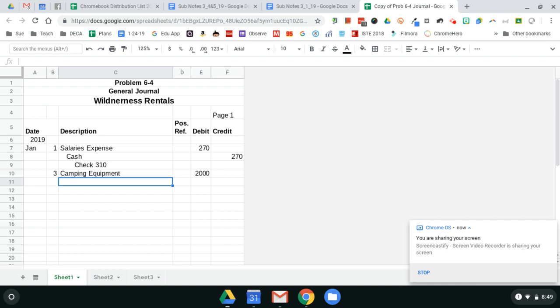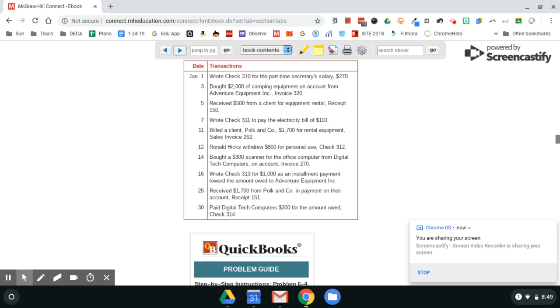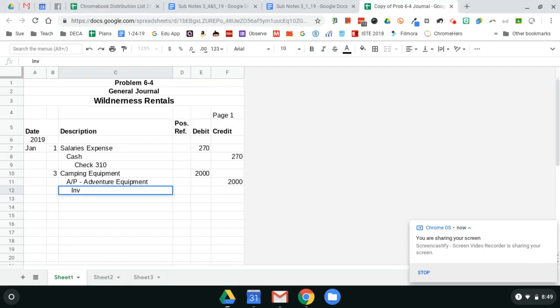And the credit was to an accounts payable. I'm just going to take a guess at what that was so I don't have to bounce between them. And the credit. And then my source document was invoice 320, Adventure Equipment. Okay, so there is my second transaction.